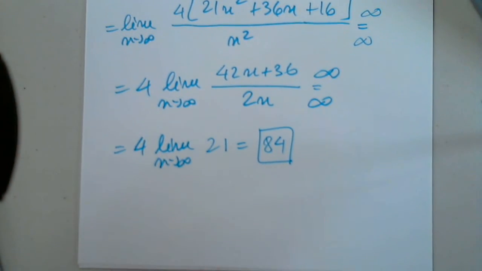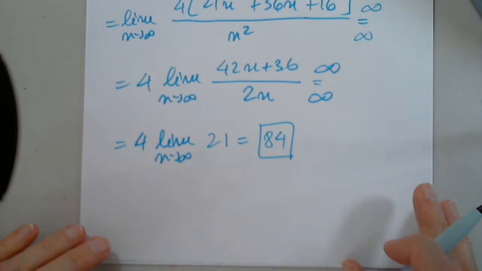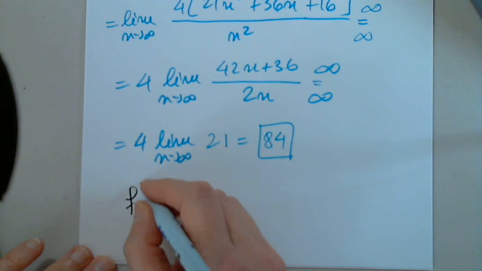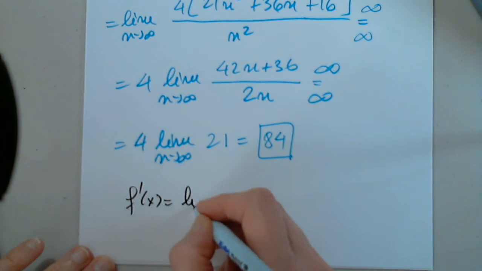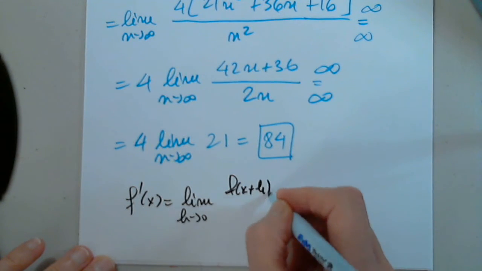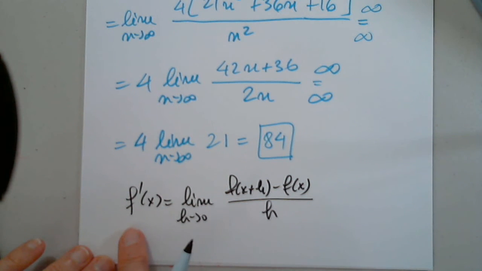Okay, so now finally, the shortcut. If you remember, in chapter 2 we determined the derivative of a function with, and I hope you remember, the limit as h approaches 0 of f of x plus h minus f of x, divided by h. This is the formal definition of the derivative, the limit of the difference quotient.